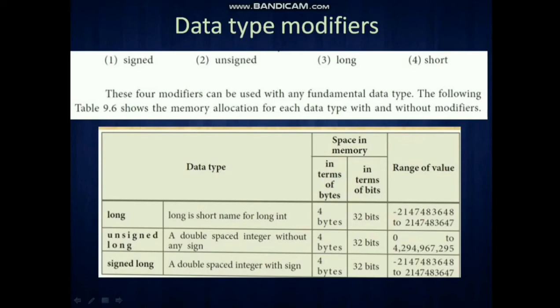Unsigned long means we store a double-sized integer without any sign, that is, positive integer values. Signed long is a double-sized integer with sign, because that also has only 4 bytes. This memory information is very important.